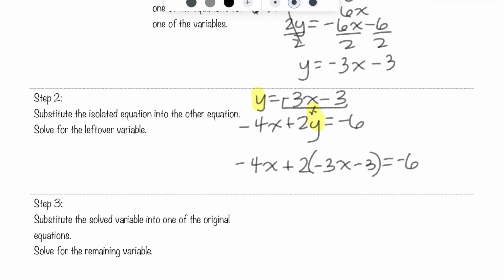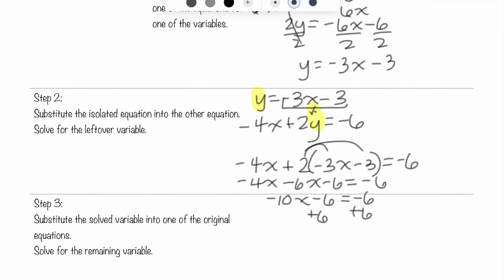Okay, so I'm going to start by distributing again. That's pretty much always what I'm going to do to start. So 2 times negative 3 is going to give me negative 6. I'm going to combine my like terms here, my negative 4x and my negative 6x. I get negative 10x minus 6 equals negative 6.